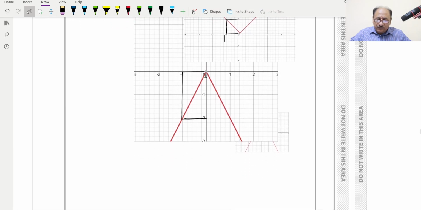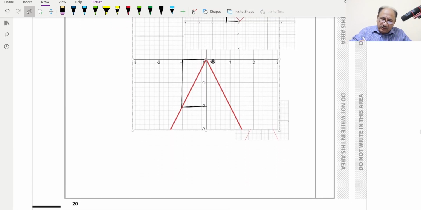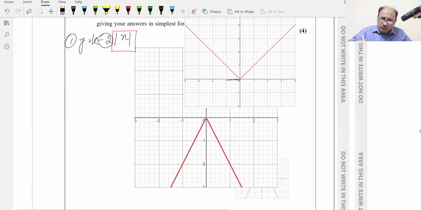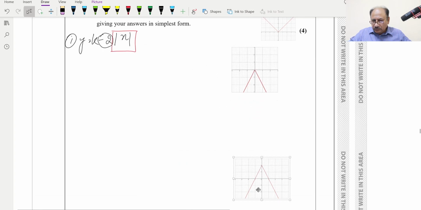And the value of k, if we check what is happening with the k value, I'll also show you with another graph. So that is over here, this graph.